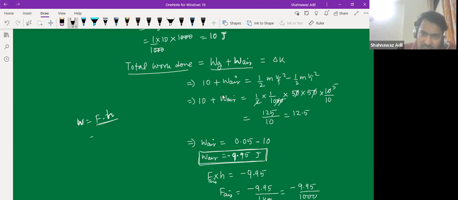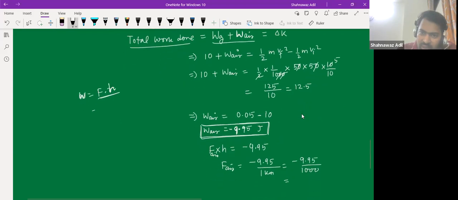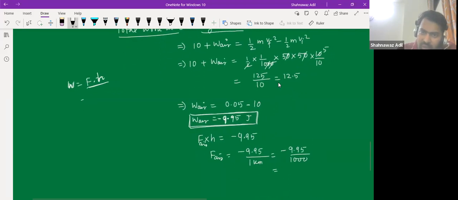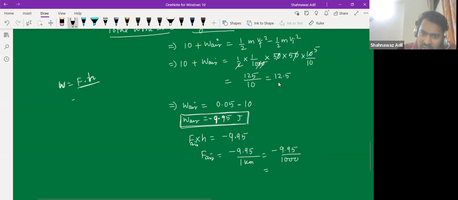What are we missing? 125 divided by 10 is 12.5, not 12.45. This is 125, right?